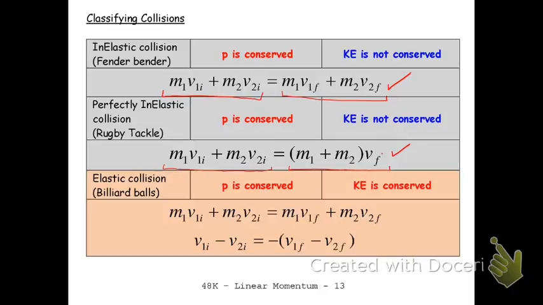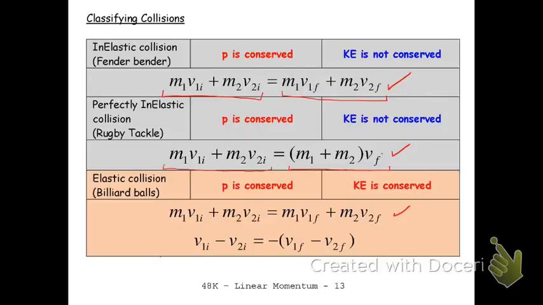And then on the other side, in those cases where no kinetic energy is converted into heat or sound or whatever, we still have conservation of momentum, but because none of that energy is lost to heat or sound, we also have conservation of kinetic energy.